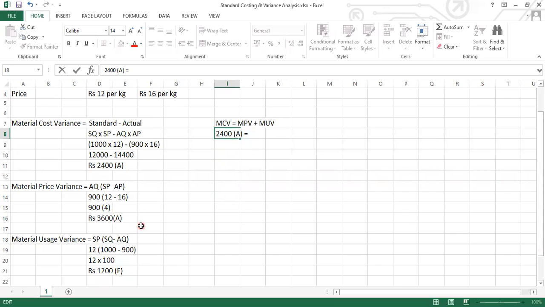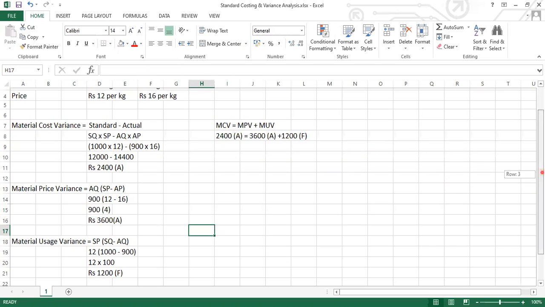Here we have 3600 adverse plus 1200 favorable. So negative 3600 plus 1200, how much will you get? Negative 2400. So again, adverse. So this is how you can do the verification and find out whether it's correct or not. This will give you 2400 adverse.